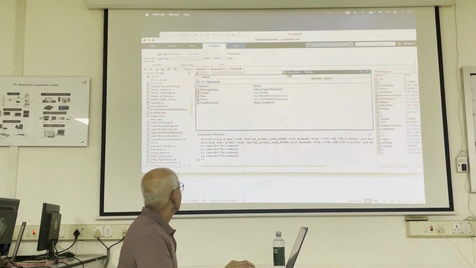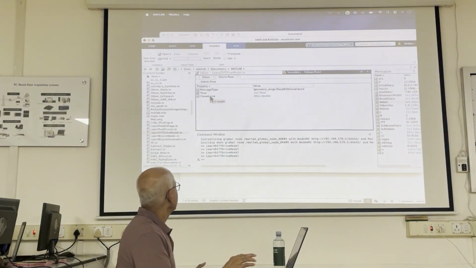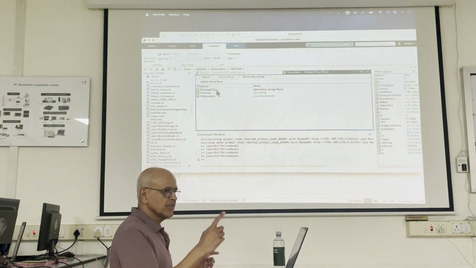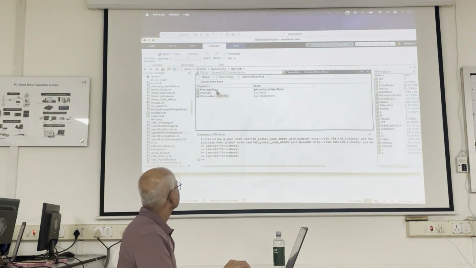But then if you double click on it, it gives you a pose and a covariance split. Let's go to the pose. And then it gives you, within pose, position and covariance. And notice the structure is being revealed here more and more. If you go to position, then you have pose, position.